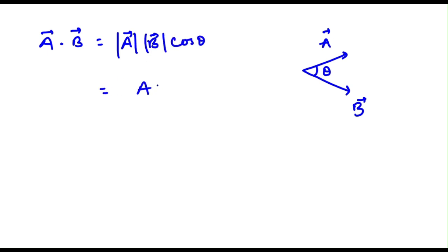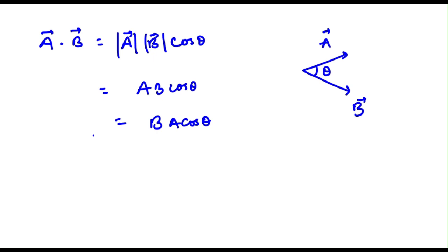You can write it as AB cos theta, or you can write it as BA cos theta. So this is one way to represent the dot product of vectors A and B.